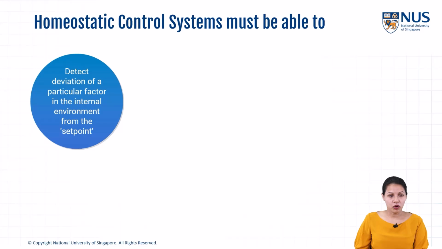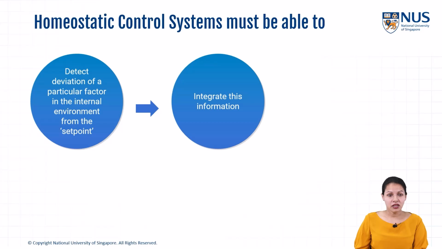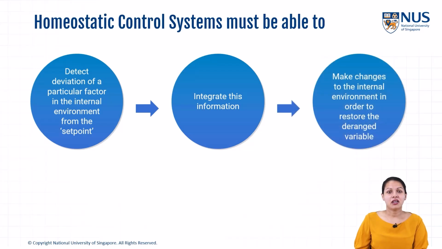So, in our body, if there's a change in a particular variable in the internal environment from a given value, or what we call a set point, it should be detected, and the information should be integrated on what change has happened, and there should be changes made to the internal environment in order to restore the deranged variable.